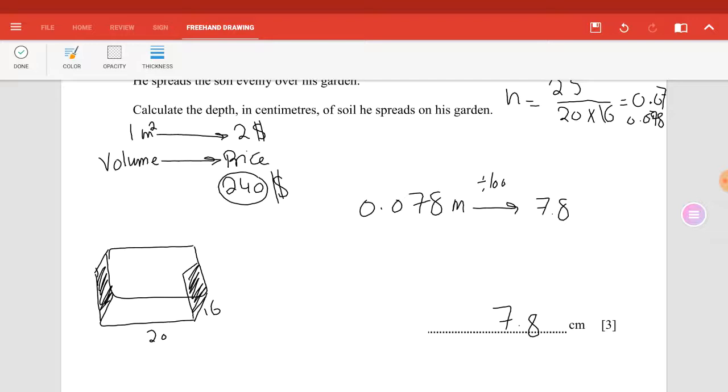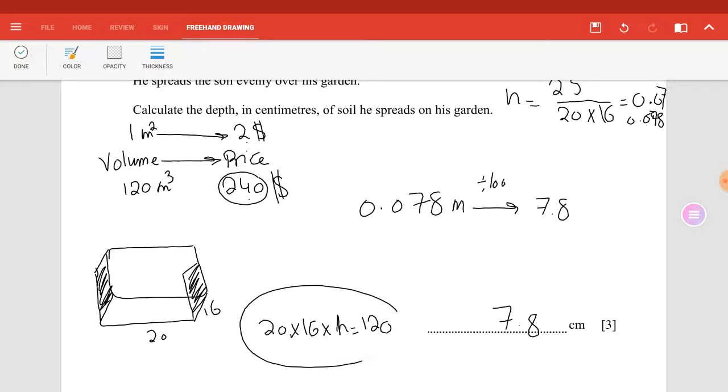So this is 240 divided by 2, you will fill 120 meters cube. So 20 multiplied by 16 multiplied by the height that you don't know equals 120, and you will calculate it with the same idea.